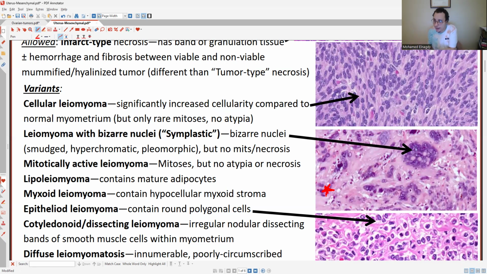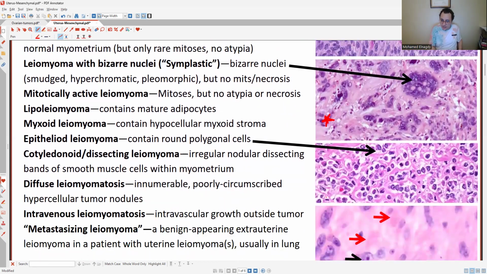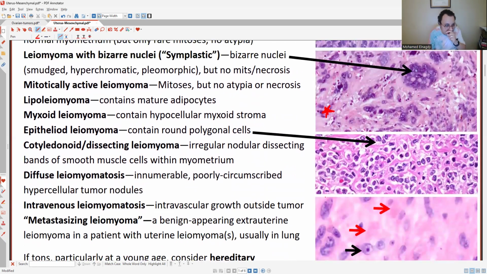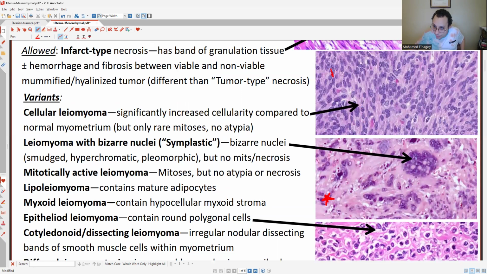And that's why relying on cell morphology, and on how atypical the cells look, is not the perfect way to differentiate leiomyoma from leiomyosarcoma, because you have a type of leiomyoma which shows atypical cells and it's still a leiomyoma. It's not a leiomyosarcoma. See also this type. There is another type that I want to outline, the cellular leiomyoma.